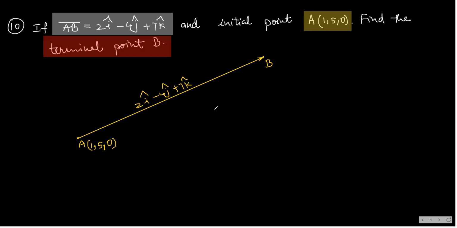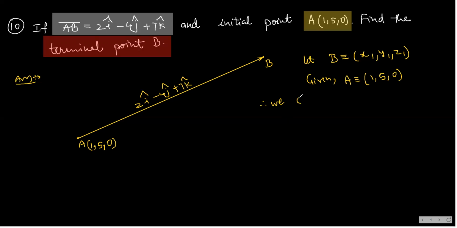So what I will do is, first I will assume, let B be x1 comma y1 comma z1. And A they have already given, whose coordinates are 1, 5, and 0.